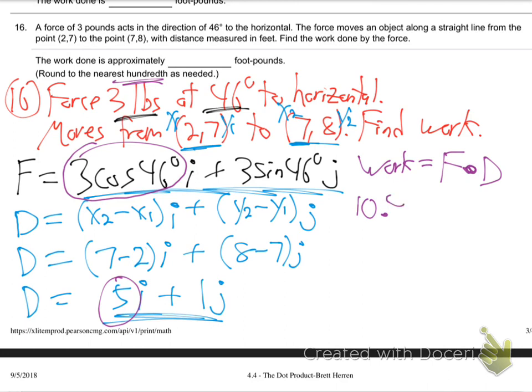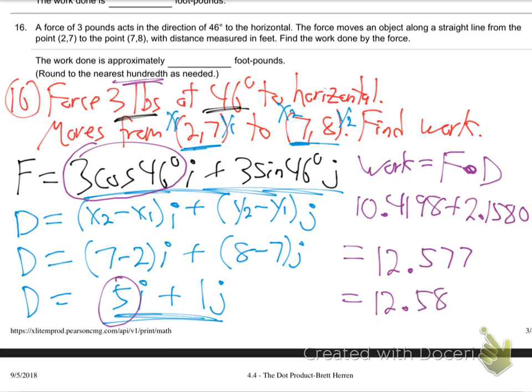So I'm going to use like 4 places for now. 4.198 plus, and then the j component, 2.1580. I'm getting 12.577, so that'll round to 12.58 foot-pounds.